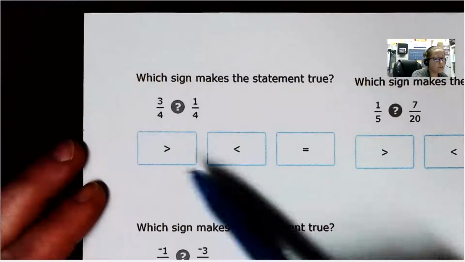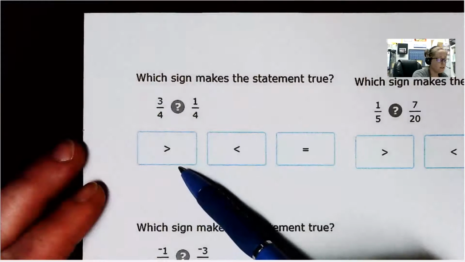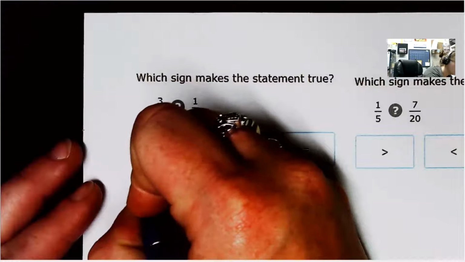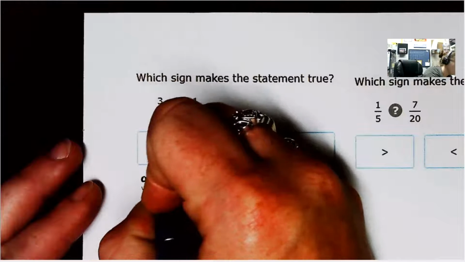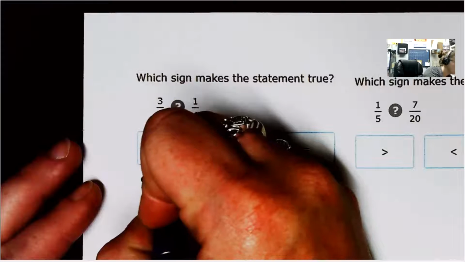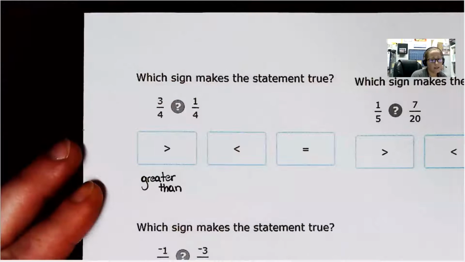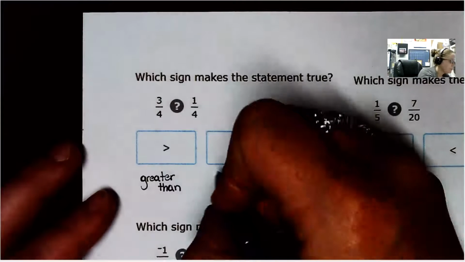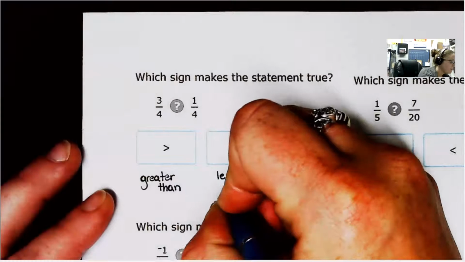For instance, this is your greater than sign. This is going to say that whatever that first number is, it is greater than that second number. This is your less than sign.